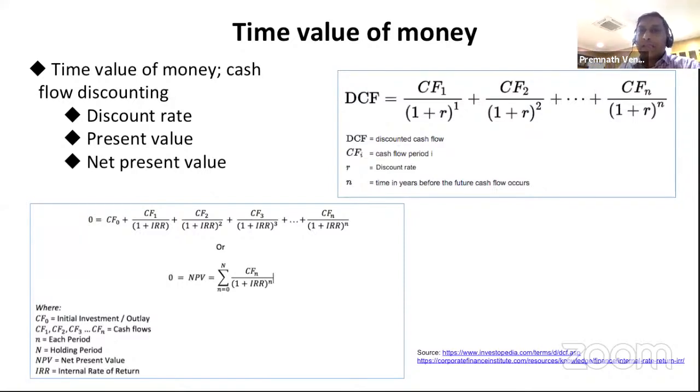It also depends on one other factor, because value is something which is perceived by a person, right? The person who is the owner of the money, the value that he sees in that money depends upon that person's perception of value.